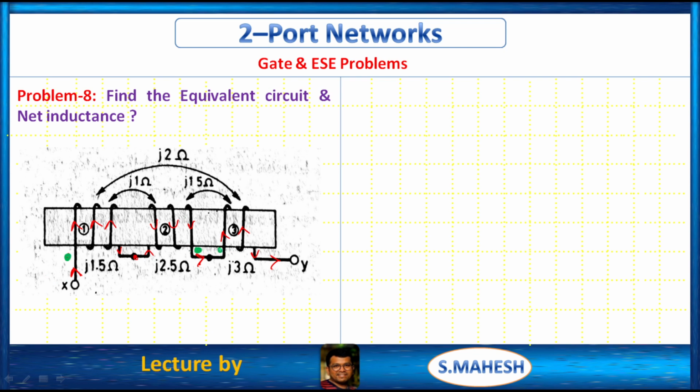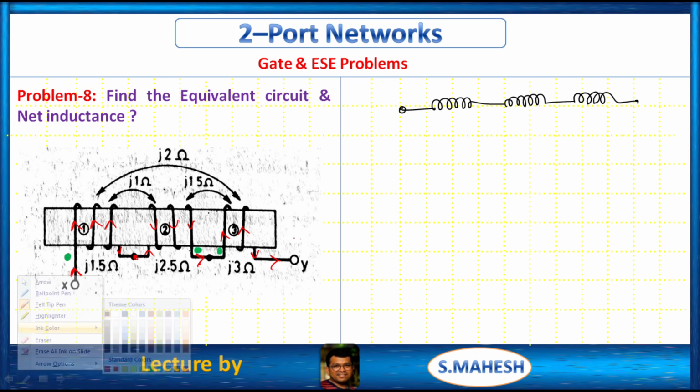Again we have another dot. See the sense of winding starting from this. So we have 3 dots. So from this, what is the equivalent circuit? Based upon this dot convention and the sense of winding, we have provided the dot conventions.